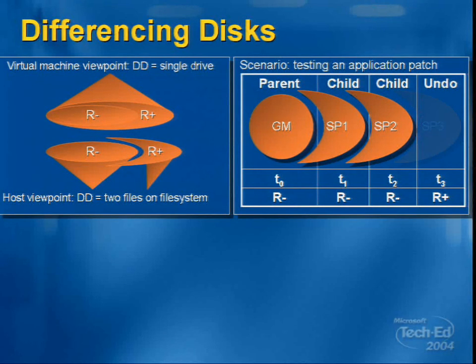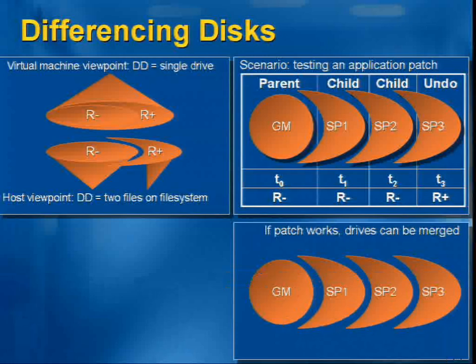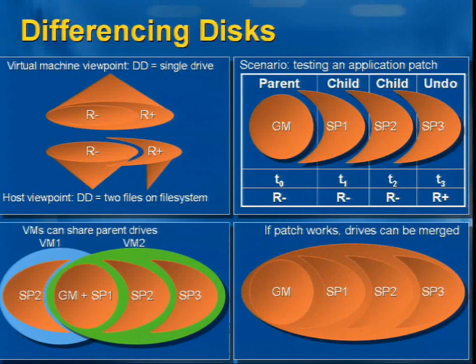Then my next graphic here just shows the concept, the one over to my left in green, that you can have one master that can serve as the root for multiple chains of these differencing drives. Pretty valuable technology. Like I said, our test managers have just loved this particular feature.